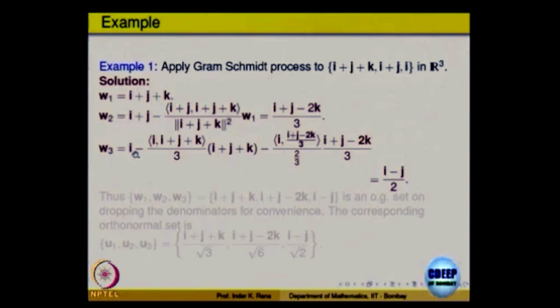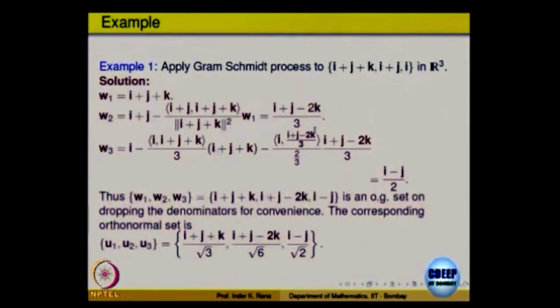The claim is these three are mutually orthogonal, right? What is the dot product of this with this? You can check, that should come out 0 if everything is okay. And now normalize them, W1, W2 and W3, and you get an orthonormal basis.